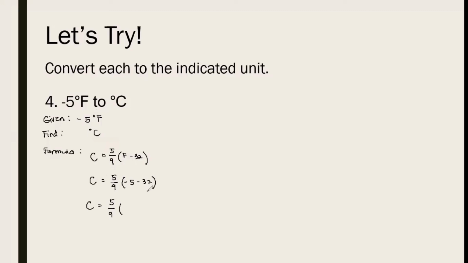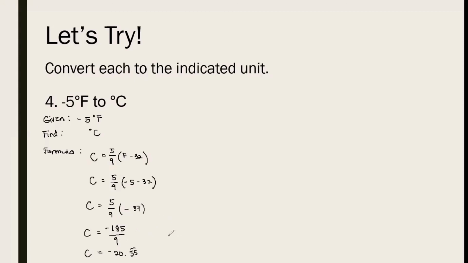As for this part, we have negative 37. And then using your calculator, we can simplify this. 5 over 9 times negative 37 will be equal to negative 185 over 9, or this is equal to negative 20.55. As you can see, the result here is a repeating decimal.